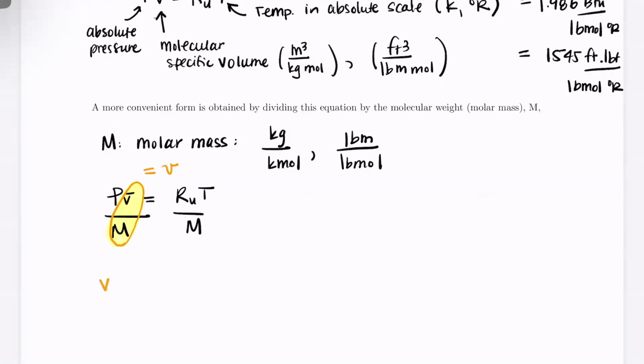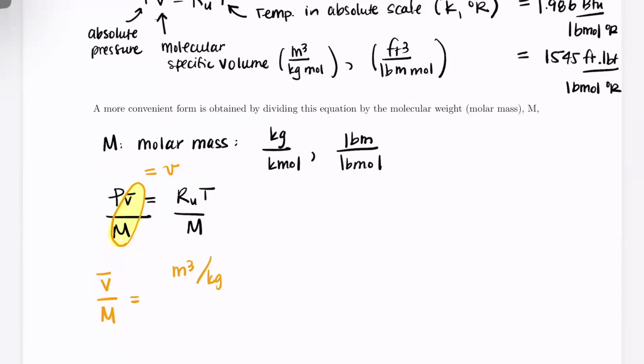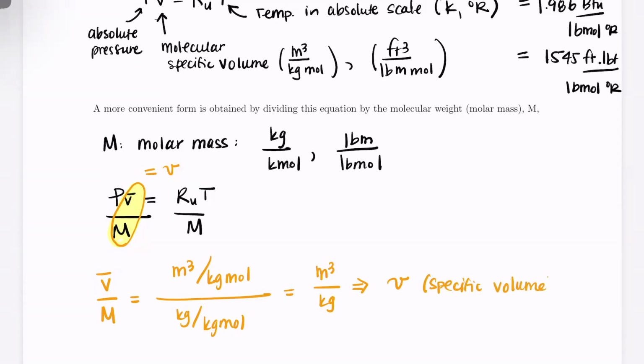The reason for that is if we have V bar over M, we have meters cubed over kilogram mole, divided by kilogram per kilogram mole, which gives us meters cubed per kilogram. So that is specific volume. Does this feel okay so far to everybody?